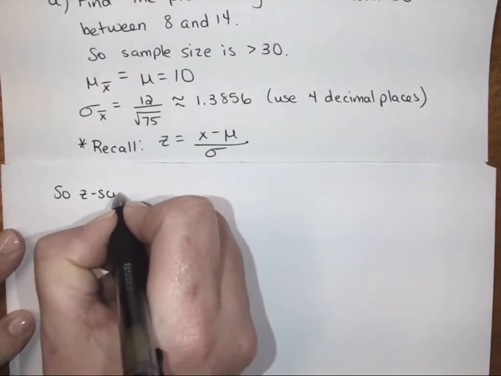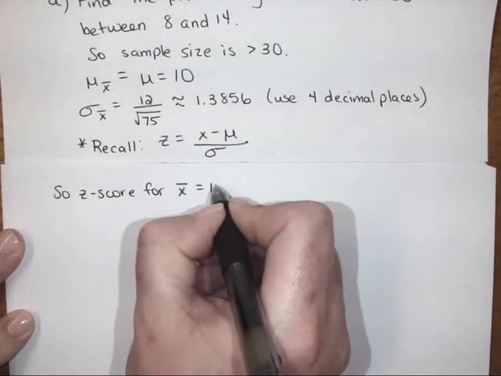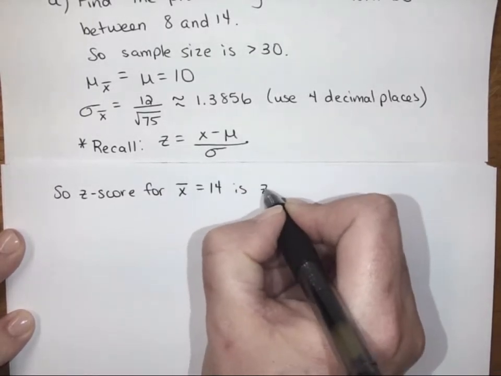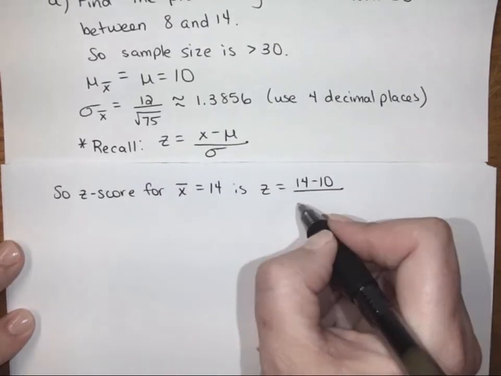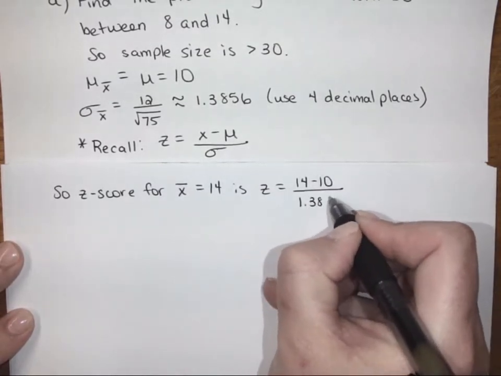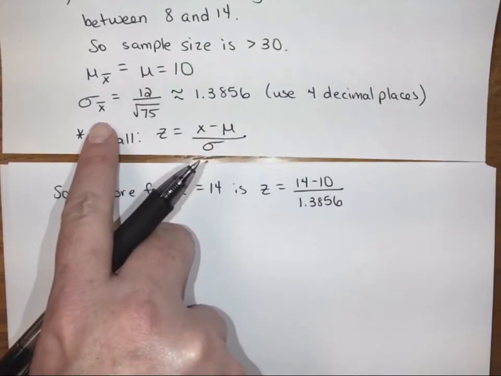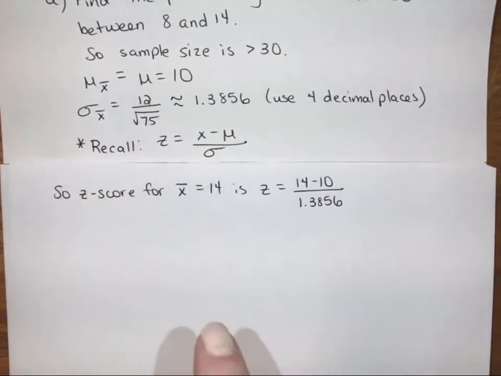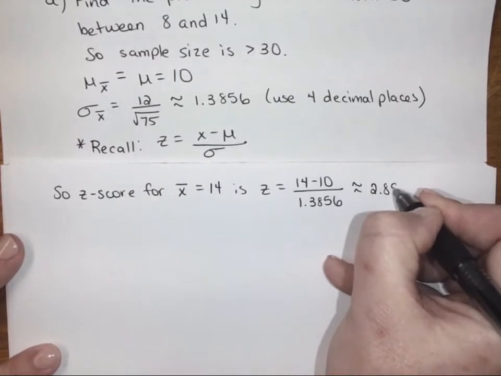So the z-score for X bar equals 14 is going to be Z equals value minus expected mean over the standard deviation that we just found. Notice it's not the standard deviation we started with, it's the standard deviation of the means, because that's what we're talking about here. Okay, so this works out to be 2.89.